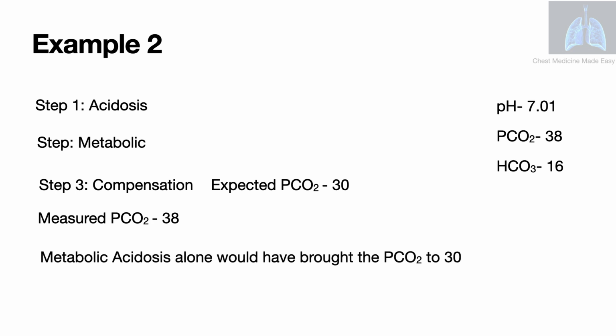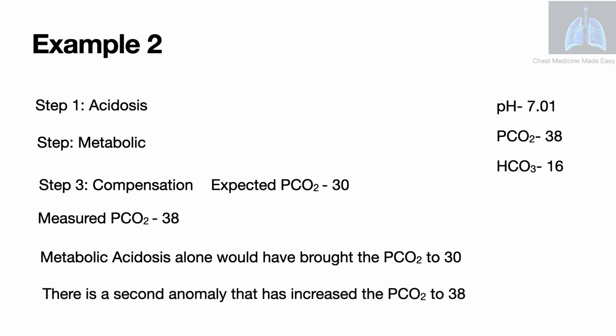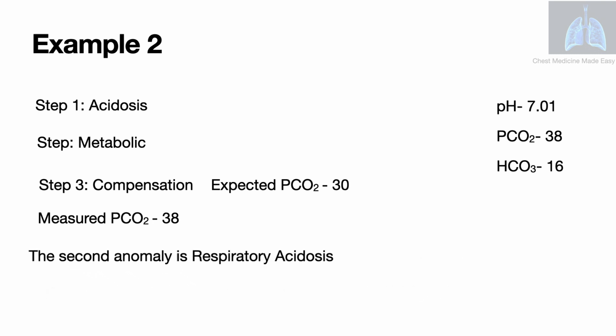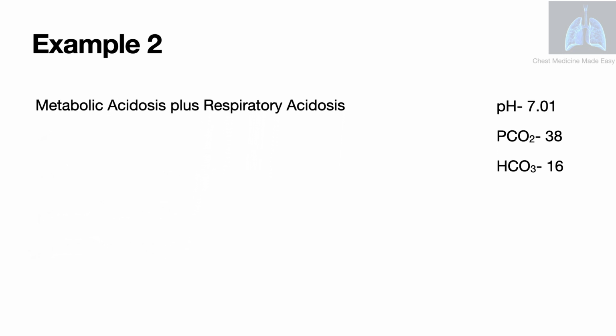The metabolic acidosis alone would have brought the PCO2 down to 30. But there is a second anomaly which has increased the PCO2 from 30 to 38. This second anomaly is a respiratory acidosis. So this patient has a metabolic acidosis plus a respiratory acidosis.